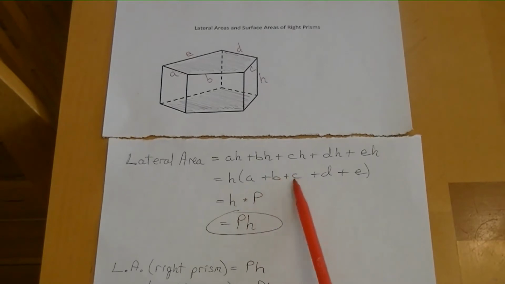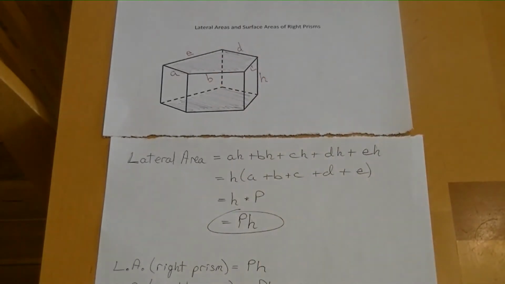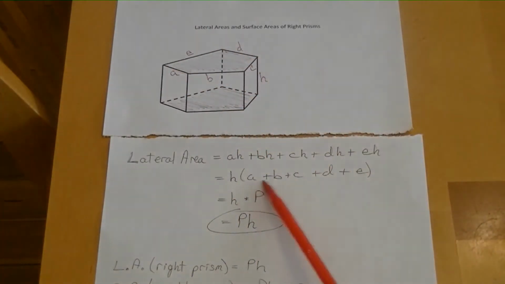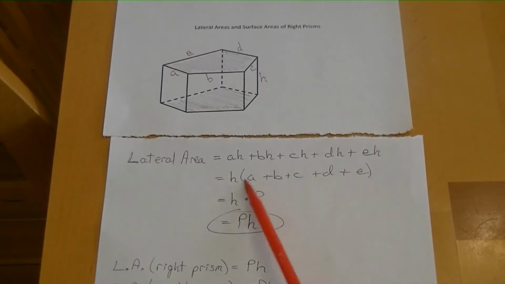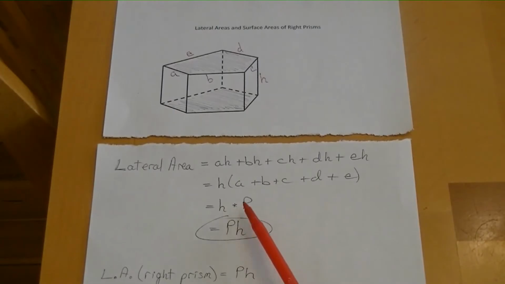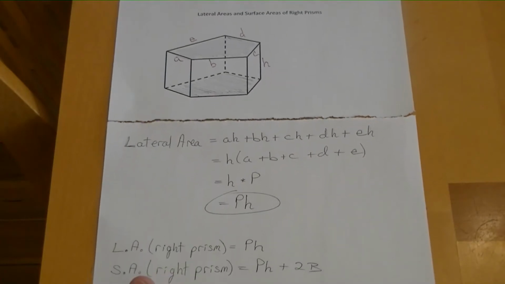But A plus B plus C plus D plus E is meaningful when we look at that picture. If I add up these 5 lengths, what I'm really getting is the perimeter of the base. So let's replace all that with P. So H times P, or P times H, is the formula for the lateral area of a right prism.